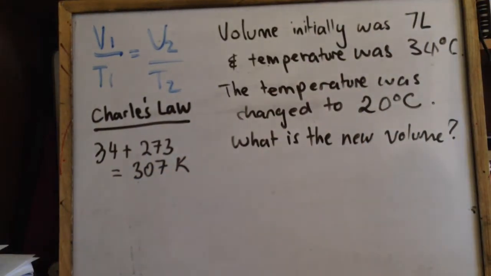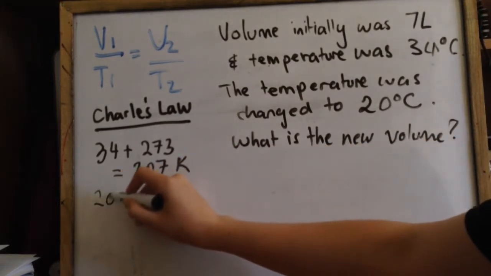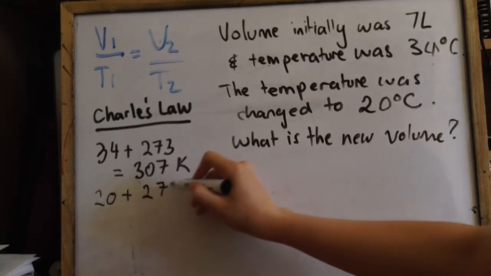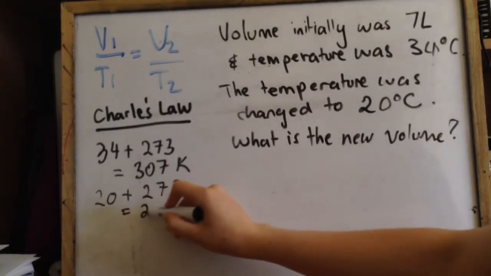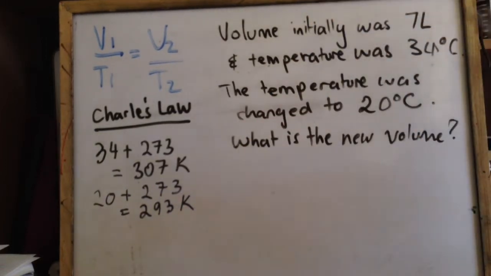Now we need to do the next one, which is 20 degrees. So we add 273 to it. We don't necessarily need a calculator for this one because we should get 293 degrees Kelvin just by adding 20 onto there.